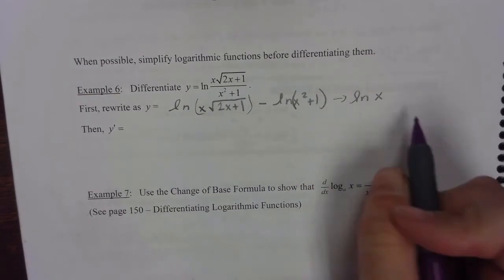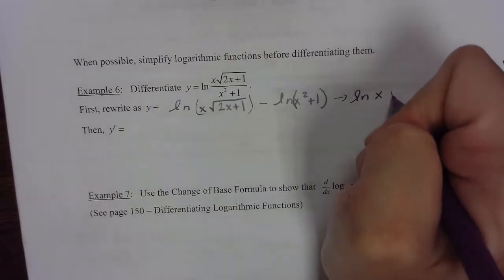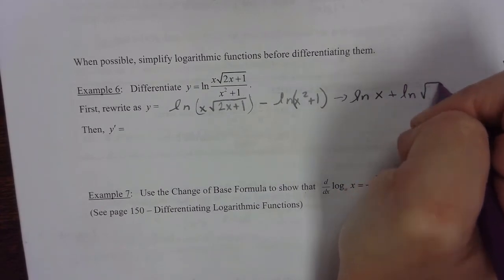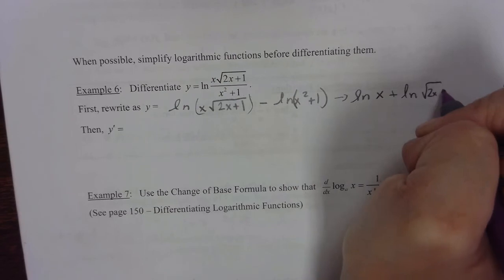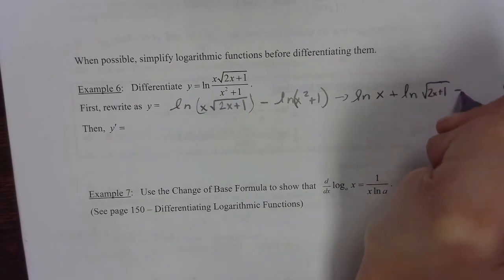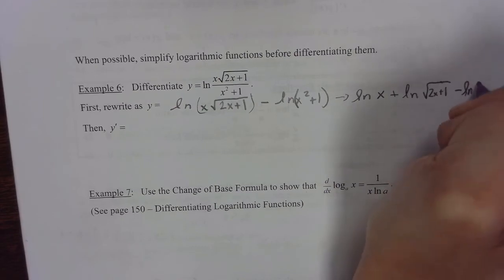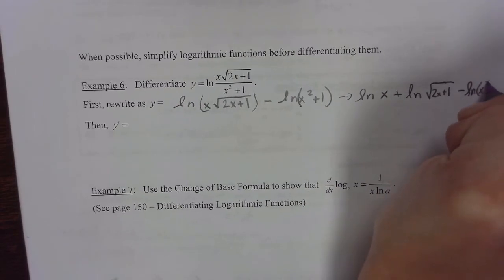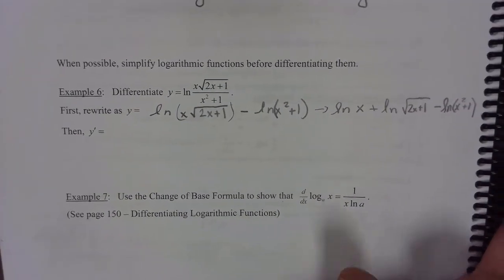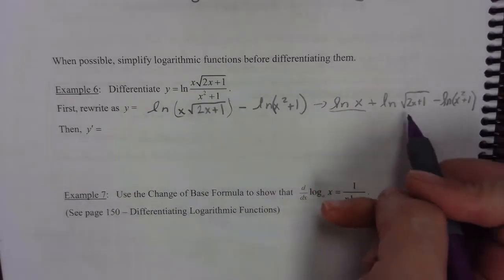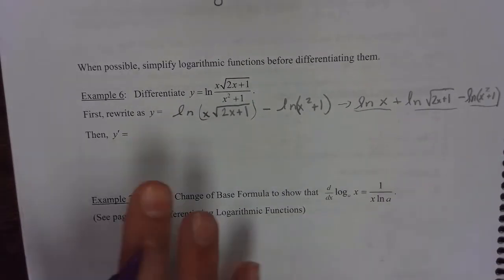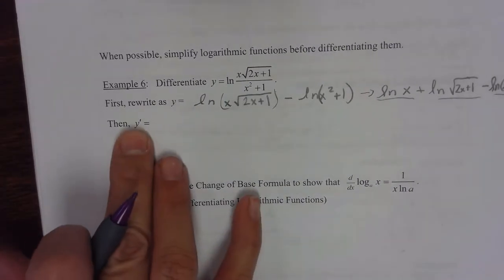So I could say ln x plus ln square root of 2x plus 1 minus ln x squared plus 1. And now I can take the derivative of these 3 parts, and that's a little bit simpler. So let's take that derivative.